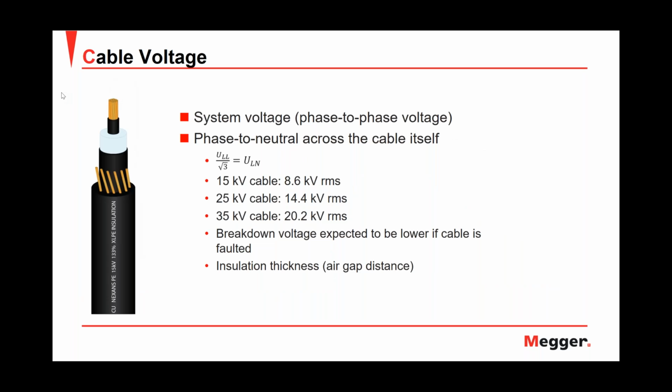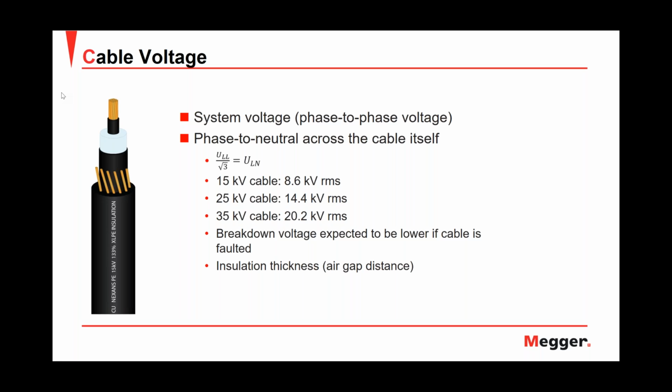the voltage of cables. Normally, we used to talk of a 15 kV cable or of a 35 kV cable, but that is the voltage between the phases. For fault location, what is important is the voltage between the center conductor and the concentric or neutral.